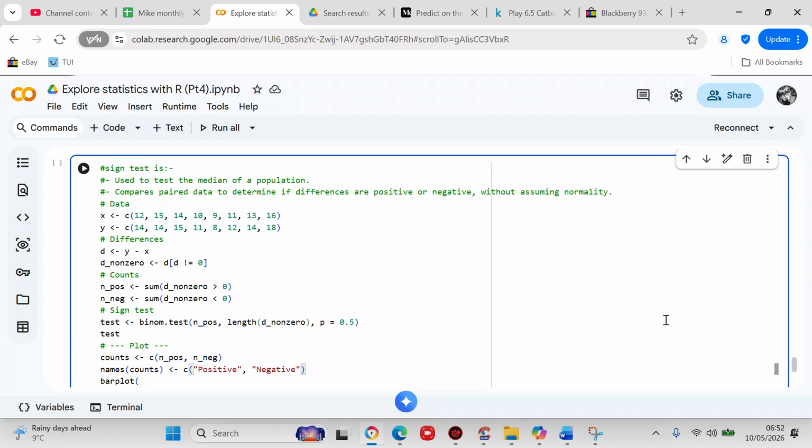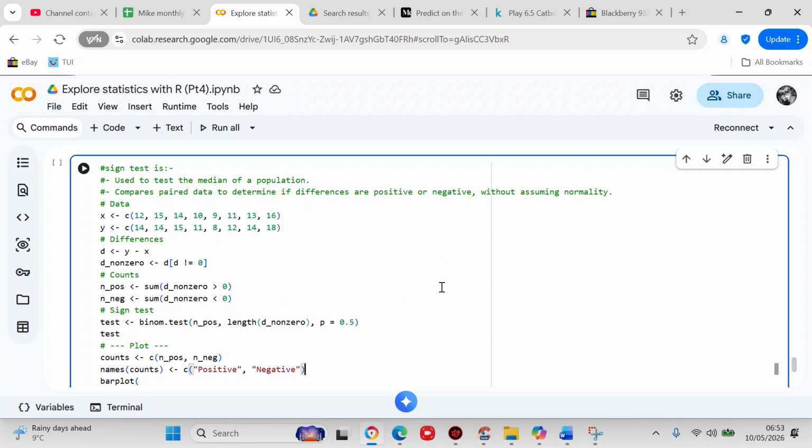And then Y is a vector of the same length: 14, 14, 15, 11, 8, 12, 14, 18. Then you've got the differences: D becomes Y minus X. So that's the difference between Y and X.